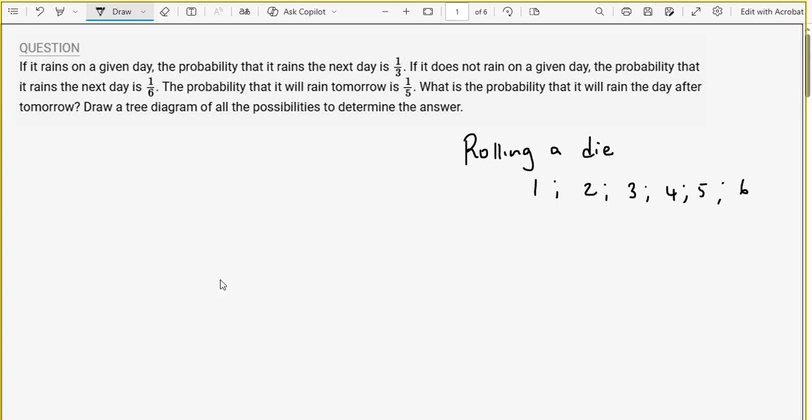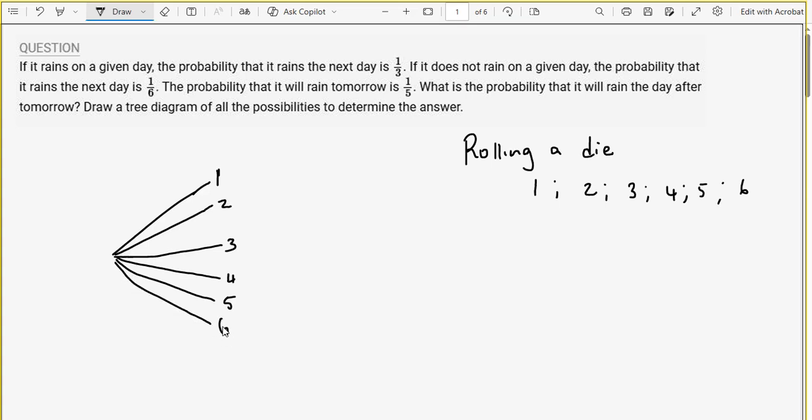So when you do a tree diagram, this is how you're going to put it on your tree diagram. You're going to say, when I roll a die, it's either I get 1, or I get 2, or 3, or 4, 5, and 6. So these are the possible outcomes. On these lines, this is where you're going to put your probabilities.